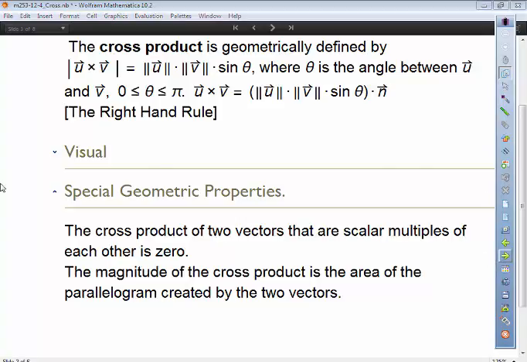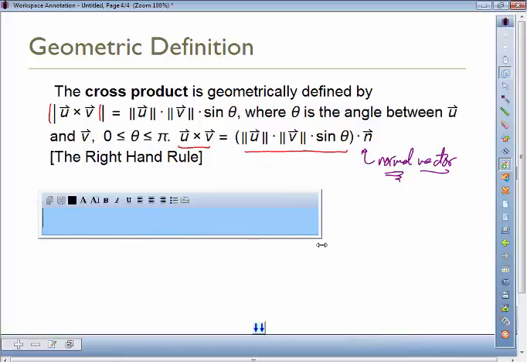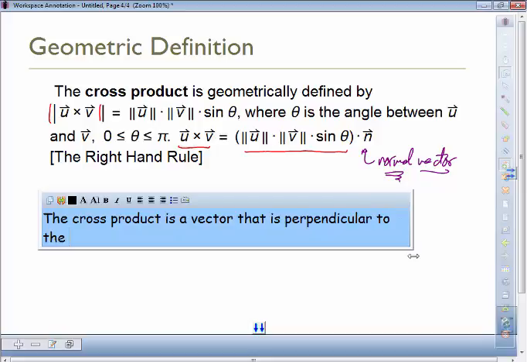So what I want to mention is that the cross product is a vector that is perpendicular to the two vectors being crossed.